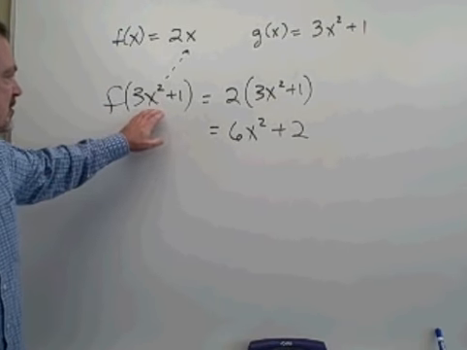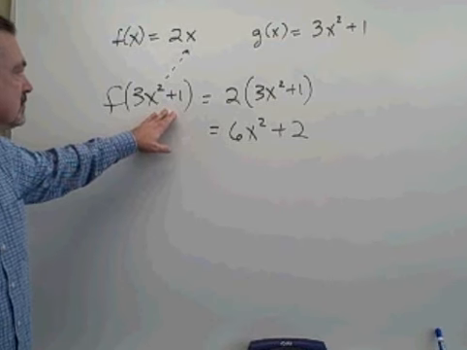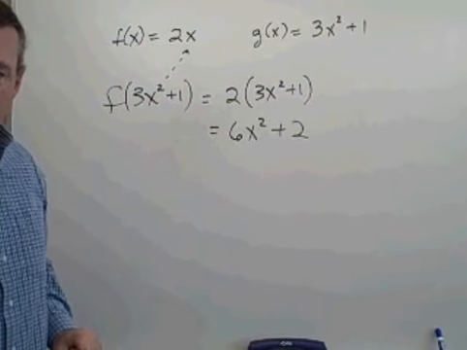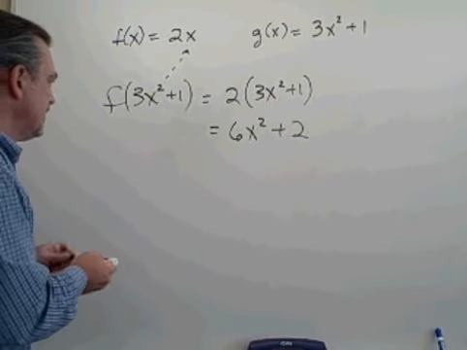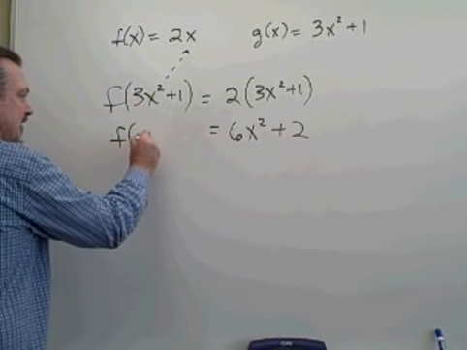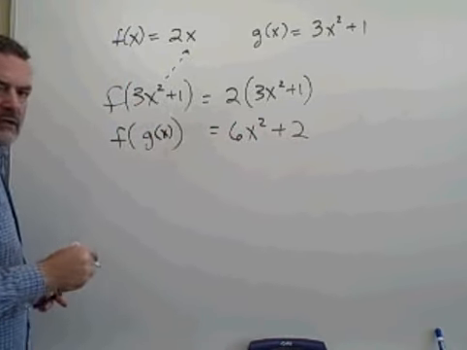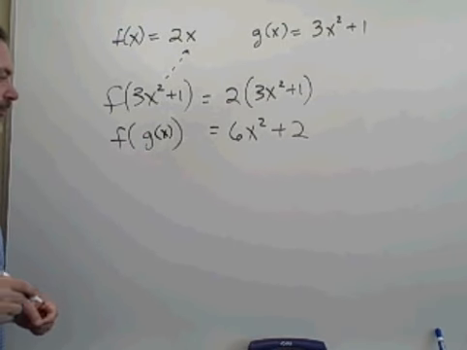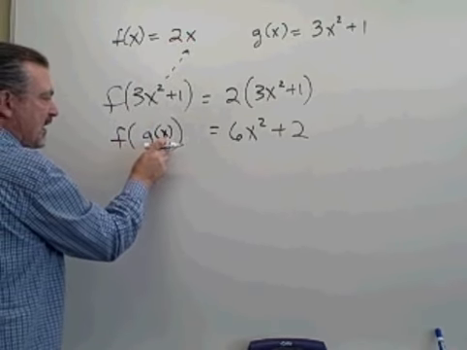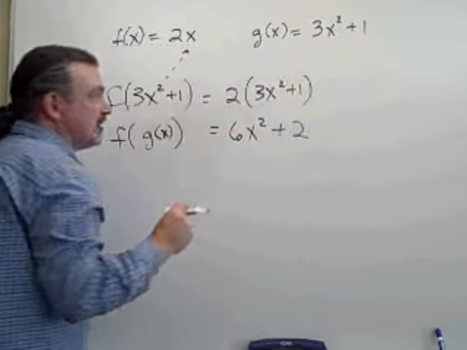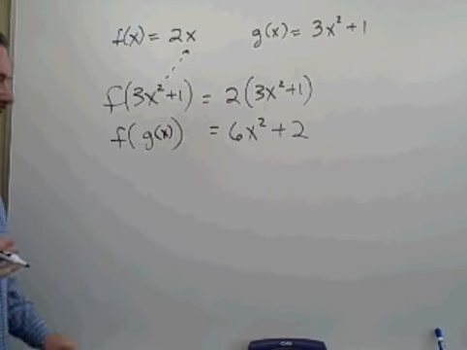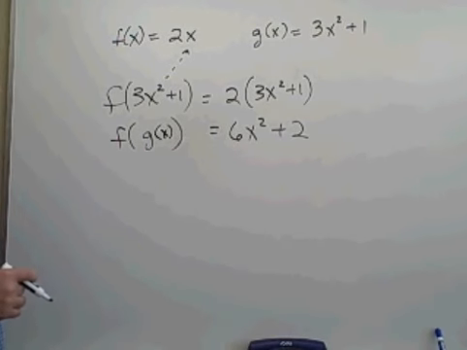Now, does this expression, 3x squared plus 1, look familiar? Well, it should. It's the expression that defines the function g. So in actuality, this expression right here is f evaluated at the function g. Wherever there was an x in the function f, we replaced it with the entire expression that defines the function g of x.